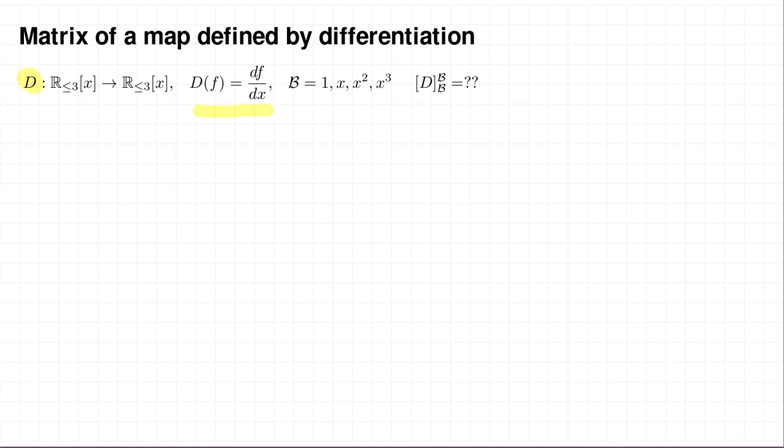So this is the differentiation map. We're going to choose just one basis, B, of our vector space, and that'll be the basis consisting of the constant polynomial 1, then the polynomial x, then x squared, and then the polynomial x cubed. And the question we'll try to answer is, what is the matrix of this linear map D with respect to initial basis B and final basis B?